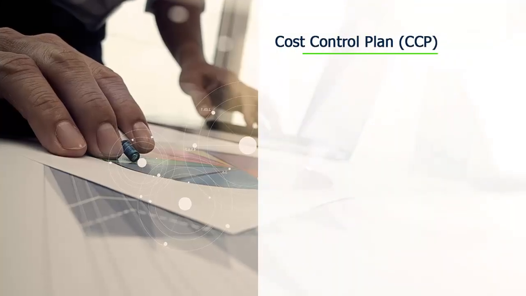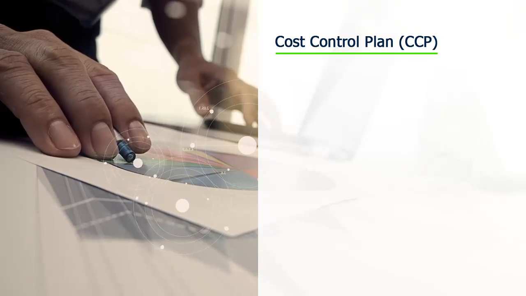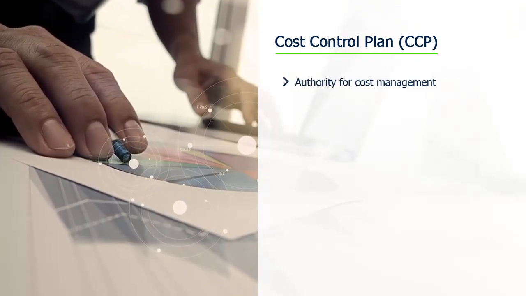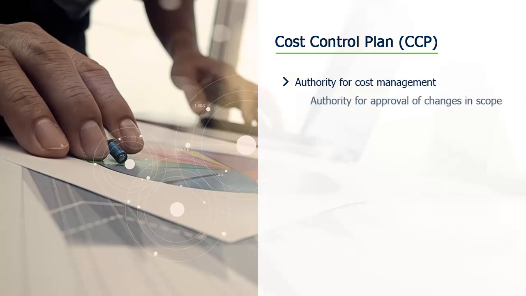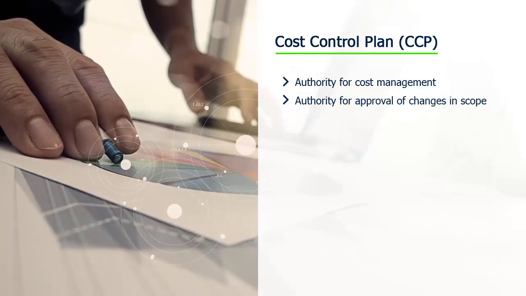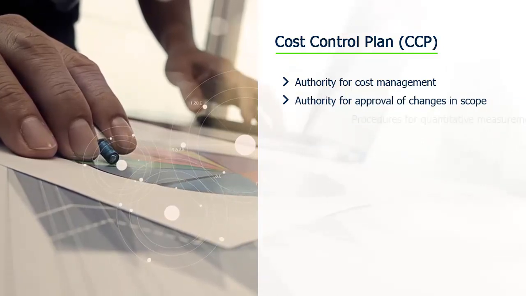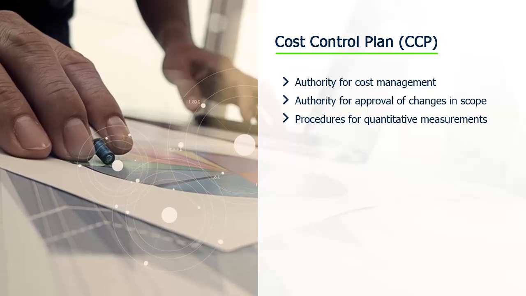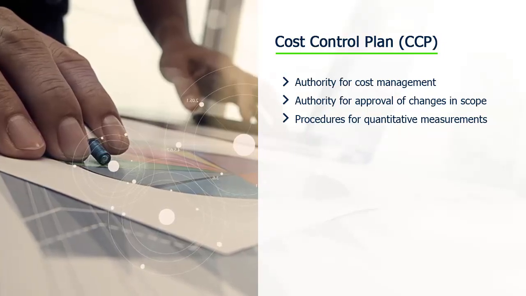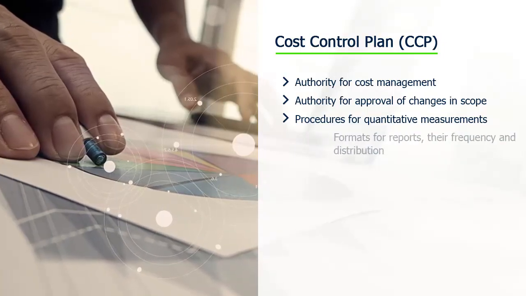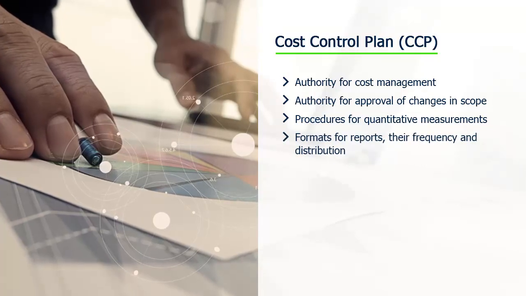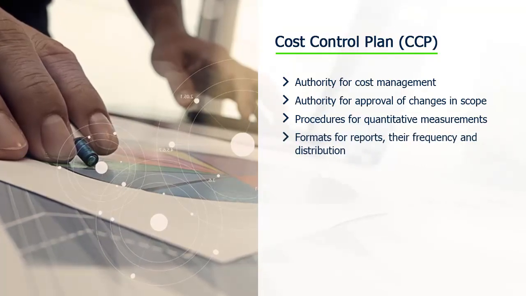It also includes the following: identification of the authority for cost management, nomination of the authority for approval of changes in scope, procedures for quantitative measurement of cost performance and its reporting. Finally, formats for reports, their frequency, and distribution.